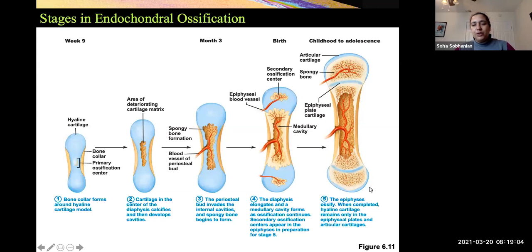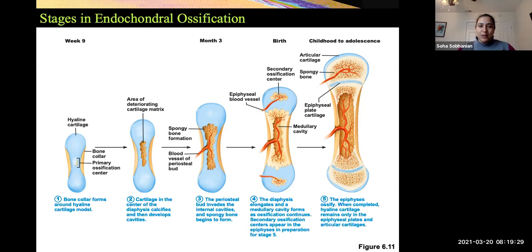So what do you need to know? Again, simplified version of this process. This is a lot more complicated than what you see here. So what you see here in these pictures to kind of help you understand, anything you see in blue is cartilage tissue, which is hyaline cartilage. Anything you see in that kind of bony color basically represents your bone.